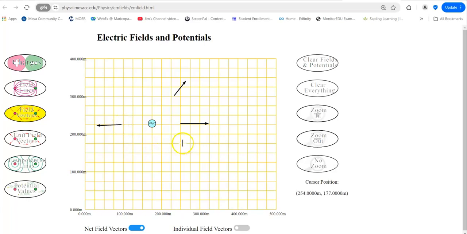And again, if we do those surface lines, so this is the electric field, that electric field vector is parallel to the electric field line. And that's what we were talking about there.